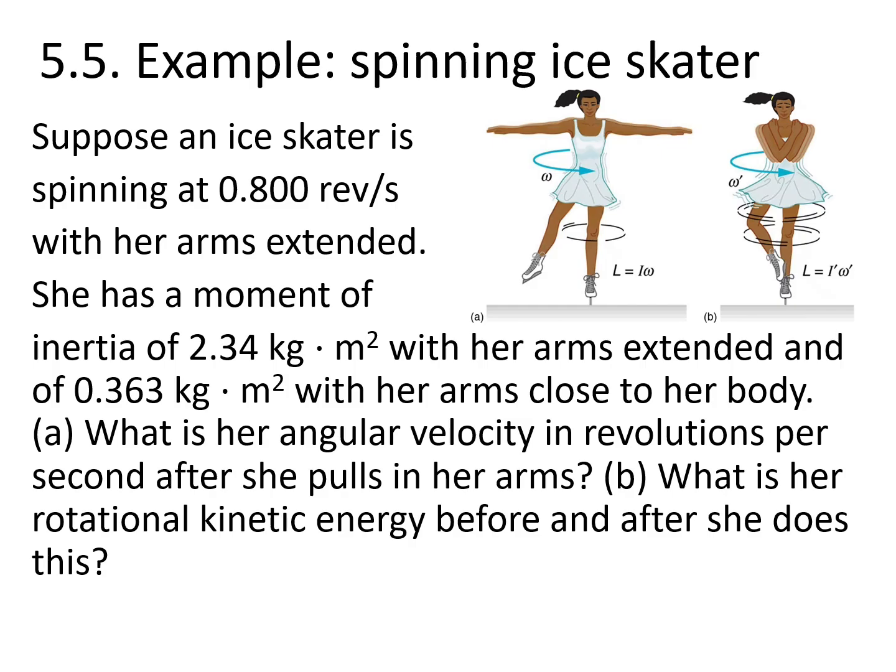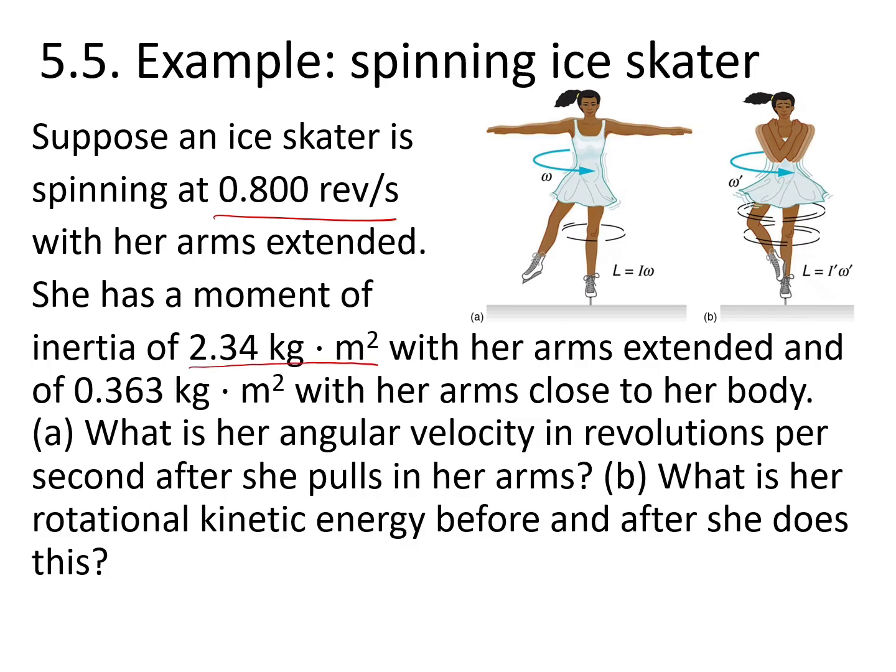In this example, we will be applying conservation of angular momentum to a spinning ice skater. The skater initially spins at 0.8 revolutions per second. Her moment of inertia with arms extended is 2.34 kilograms meter squared.